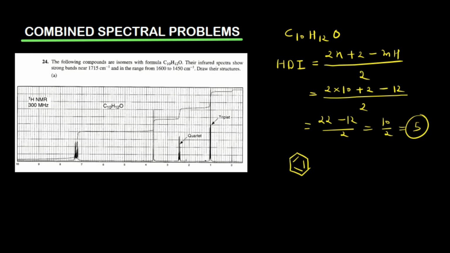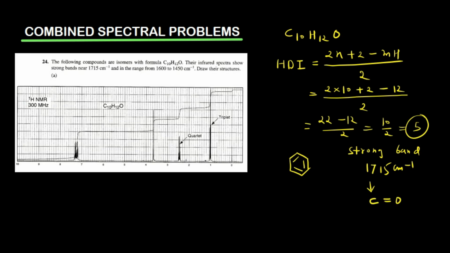So there may be another group. But again, you see a very strong band at 1715 centimeter inverse, and I already told you in a number of lectures, whenever you are having a strong band around 1700 centimeter inverse, here it is exactly 1715, this is basically the carbonyl group.